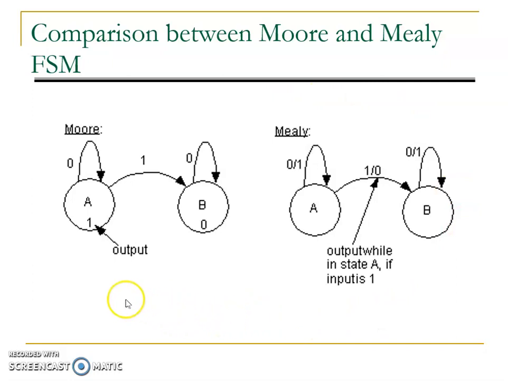As I mentioned before, for the Moore model, the output is usually located inside the state. For the Mealy model, the input and output are located right outside the state and we usually write input slash output. So that is the main difference in state diagram between the Moore model and Mealy model FSM.